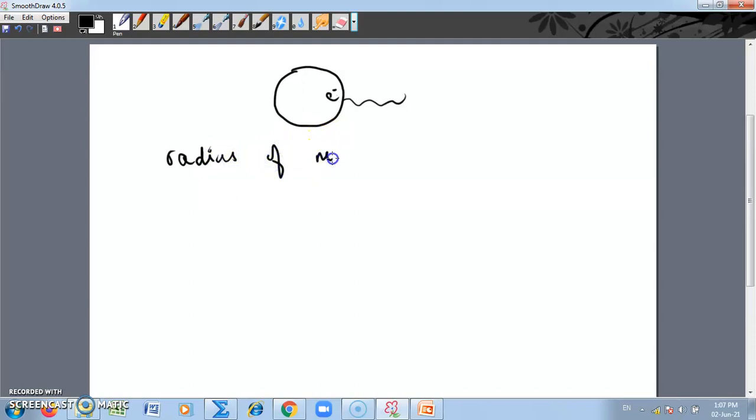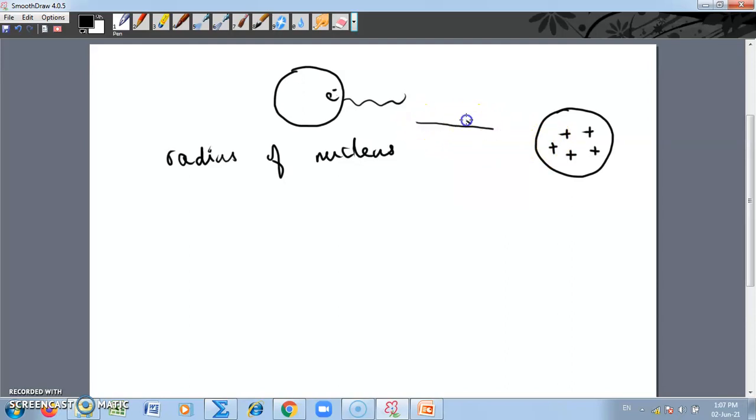Radius of the nucleus. Now you see, it's not very easy to measure the radius of the nucleus. If this is the nucleus and we have the positively charged particles, because the net charge of the nucleus is positive, usually measuring is done by sending a particle.